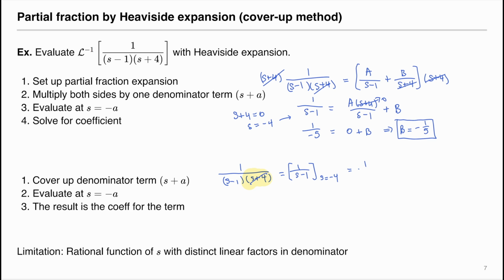So that is 1 divided by minus 4 minus 1, which is 1 over minus 5, and that is the second coefficient. We can verify this with our original method, where it gives A equals 1/5, B equals minus 1/5, and they check out.